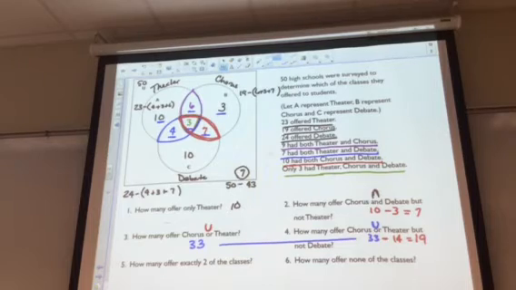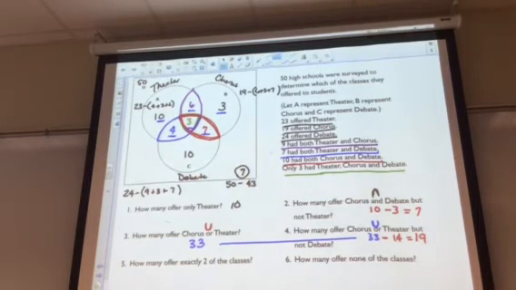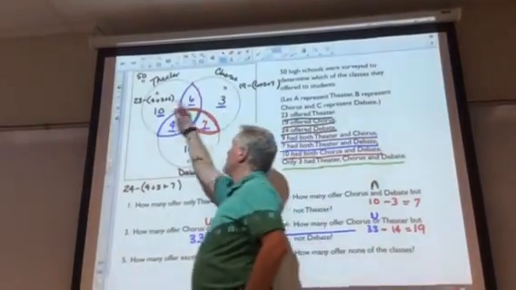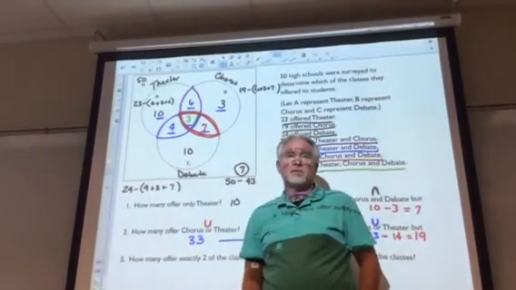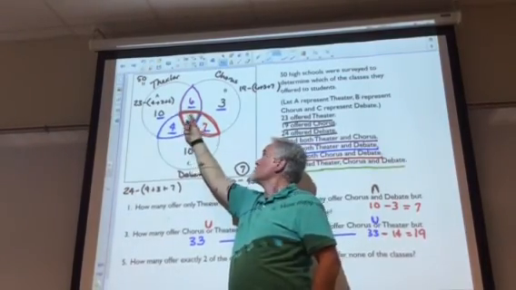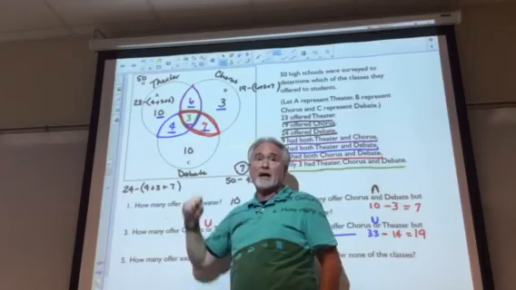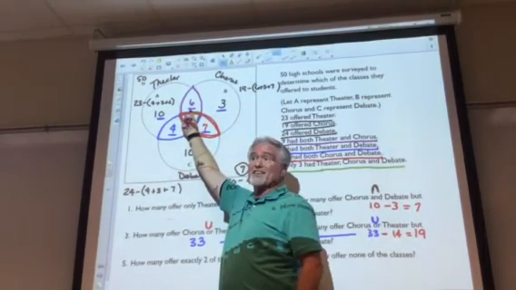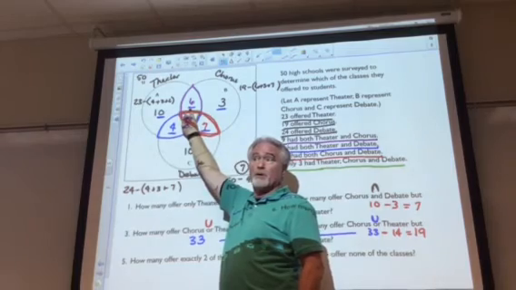Exactly 2. The onlys are out here. So wouldn't these be the only things that are exactly 2? These 6 belong to exactly 2 circles and no more.